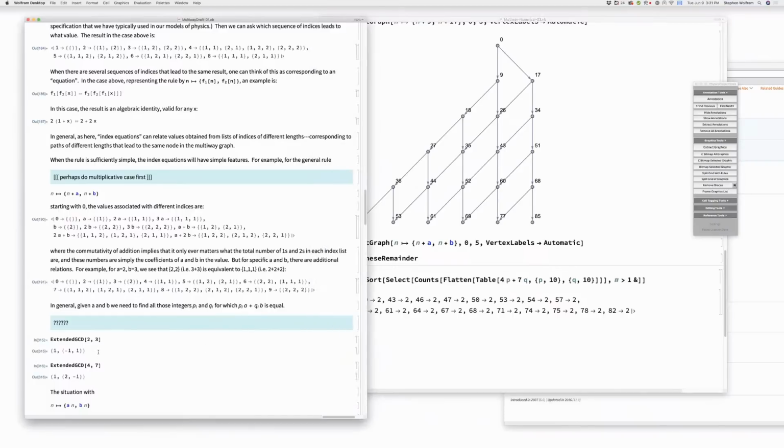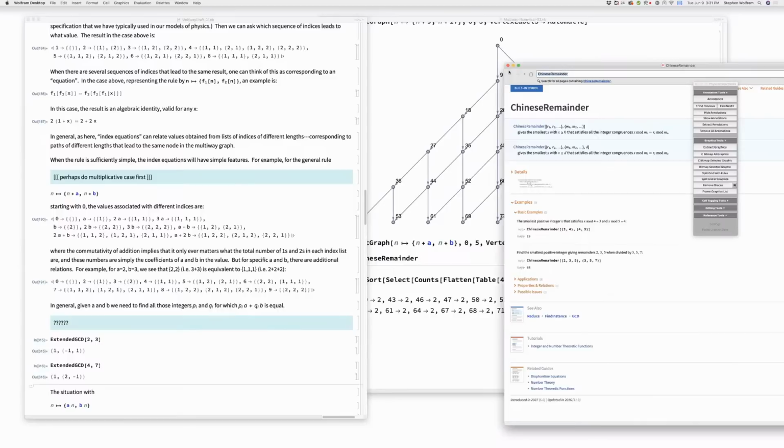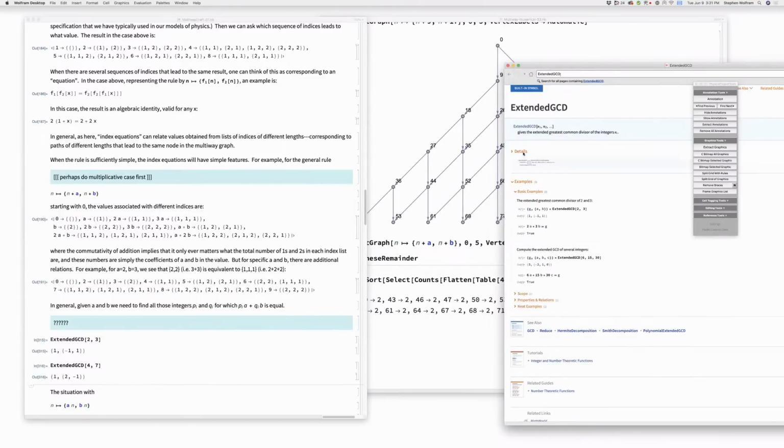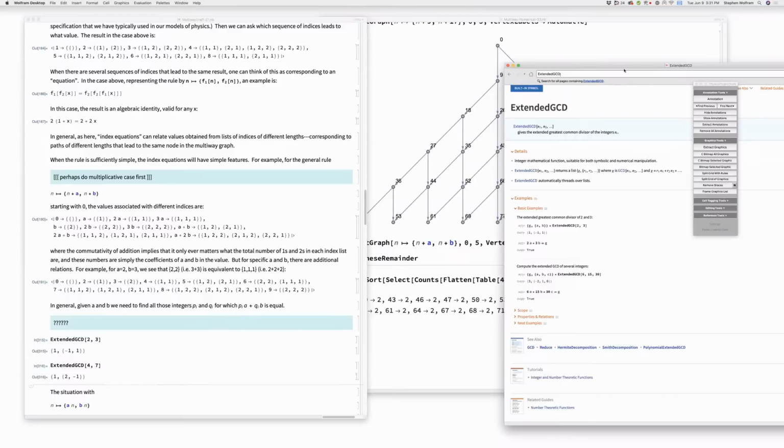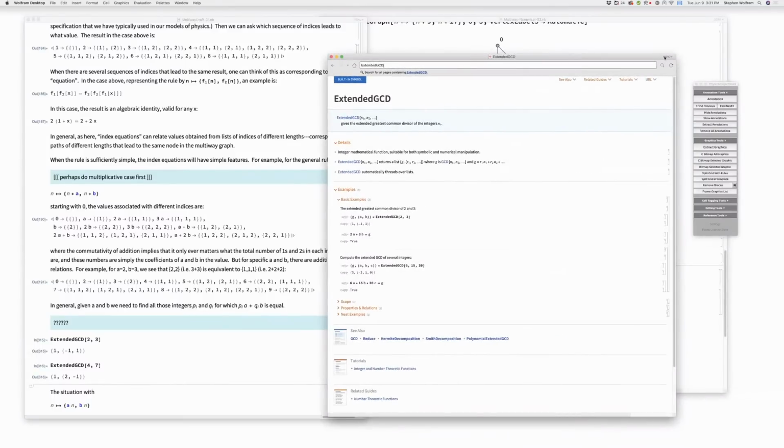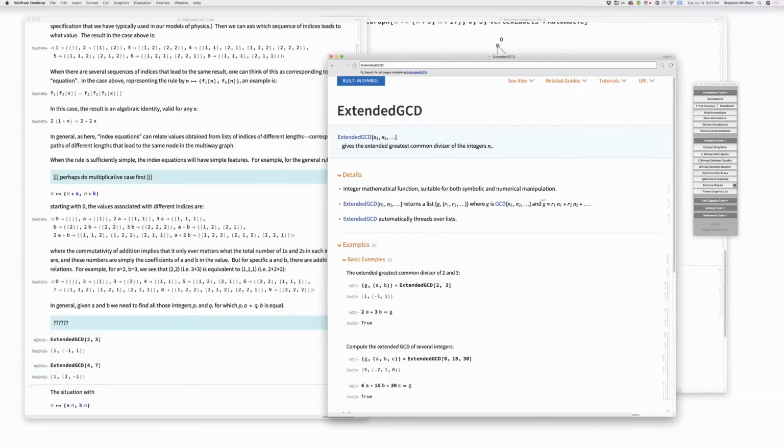So if I do extended GCD of 4 and 7, I'm getting 2, minus 1 there, right? Right. And are those the coefficients that you're talking about? I believe so. I don't know exactly what extended GCD is returning. If you have a pair of coefficients x, y, actually, I may misremember this.